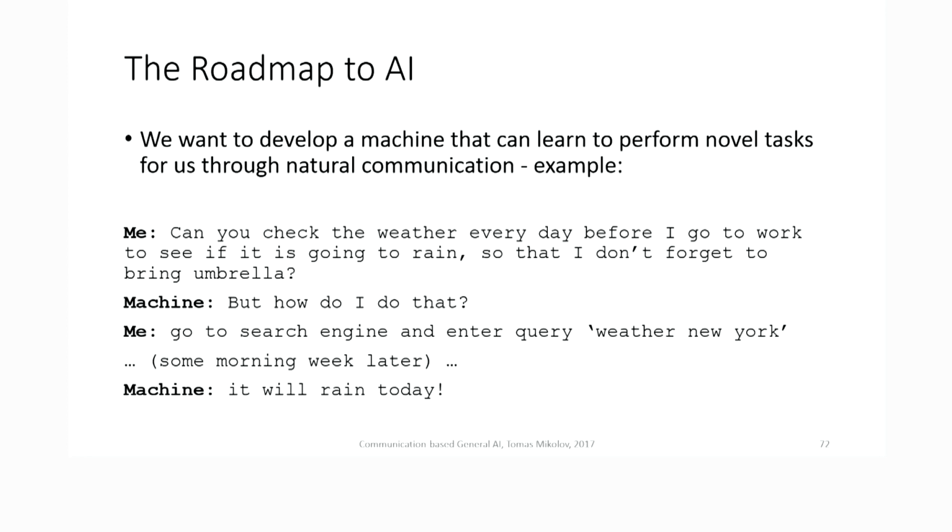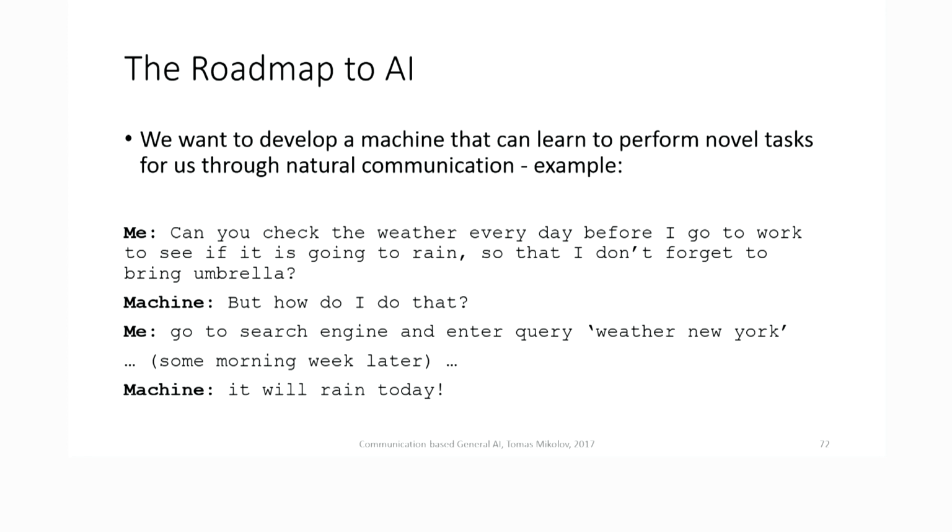And I should be able to teach the machine this ability to perform this task in some natural way, for example, by saying to it that it can find the information about the weather by using the search engine. And then the machine should be able to remember this piece of information and be able to perform the functionality, say, every day in the morning when it knows that I'm going to work. So, for example, not on Saturday and not on Sunday, and so on.